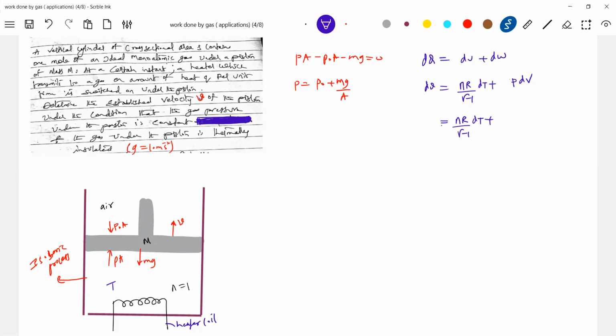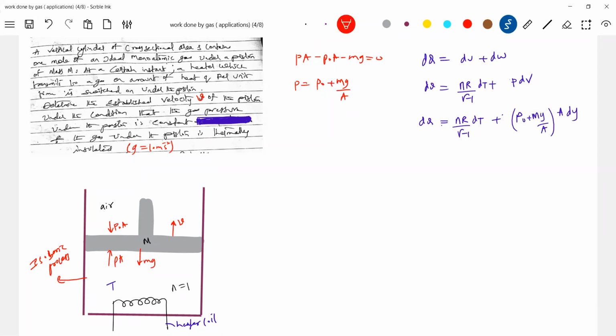What is dV? We can write A into dy because of the change in volume. Anyway, pressure is constant, later on I'll introduce it. So this will be P. Let me differentiate this.